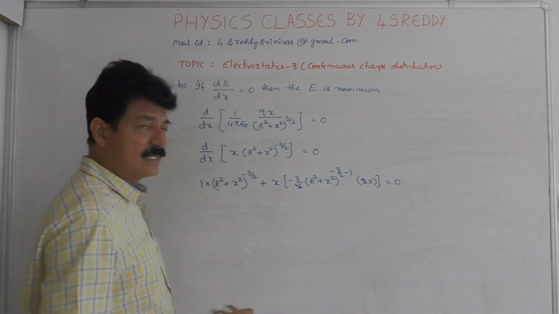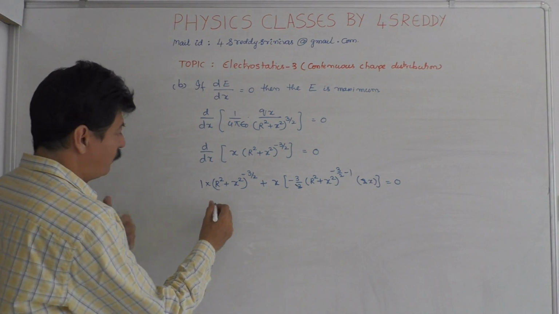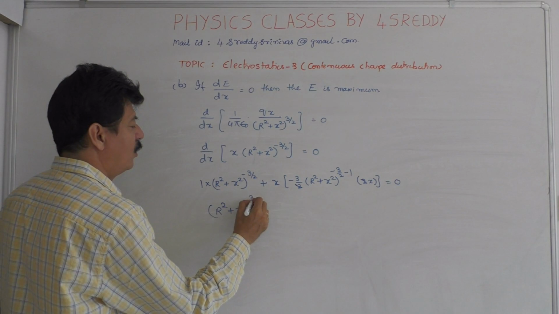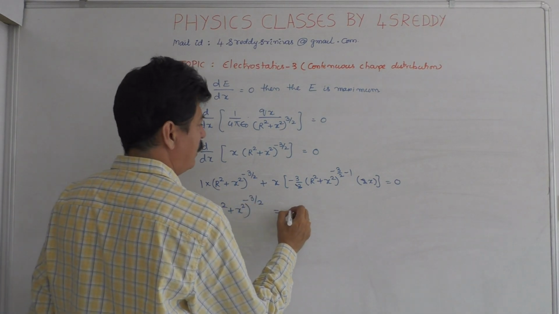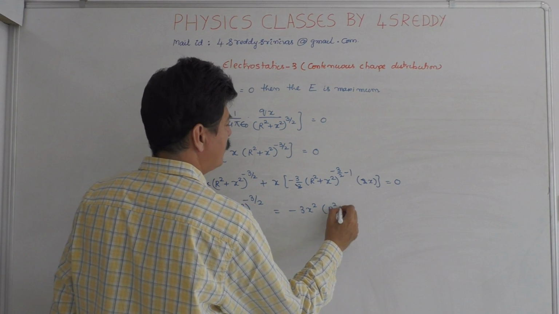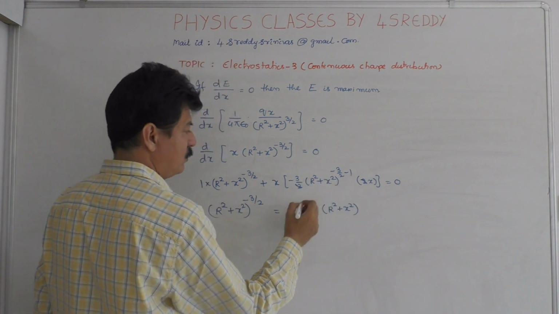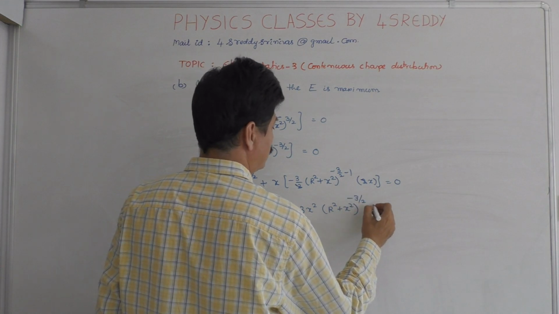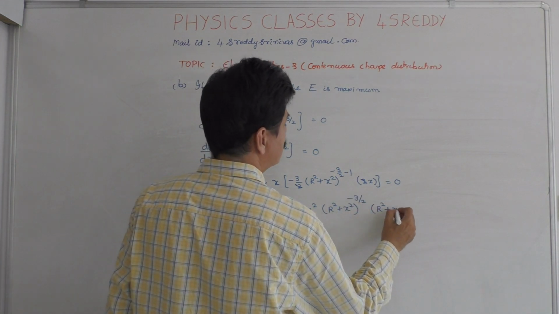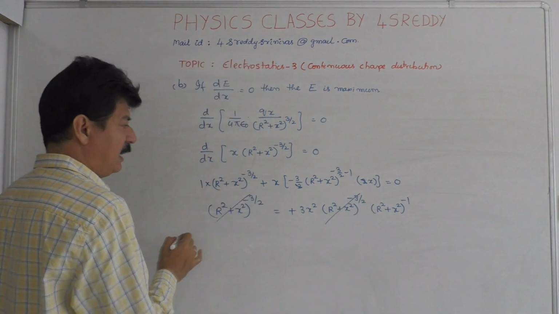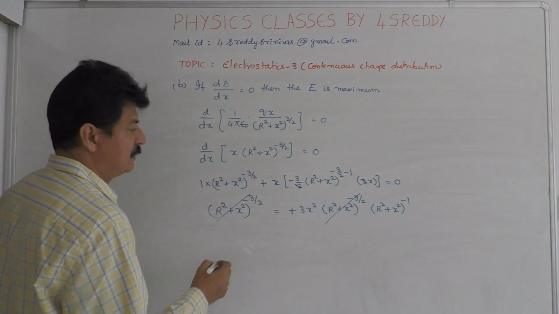This and this get cancelled. Therefore, (r square plus x square) whole power minus 3 by 2 is minus 3x square into (r square plus x square)... this goes to that side and becomes plus, minus 3 by 2 into (r square plus x square) whole power minus 1. This term and this term get cancelled.